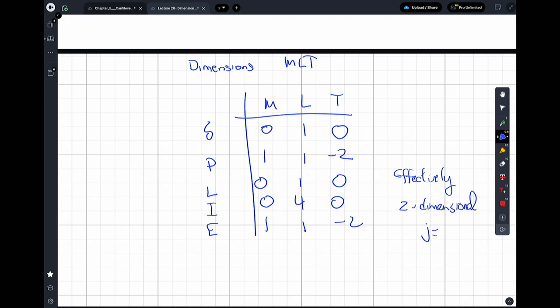So here, j is equal to 2, even though you have M, L, T terms. And so when you do that, k is equal to n minus j, which is 5 minus 2, which equals 3. So you've kind of lost some of what you had before.